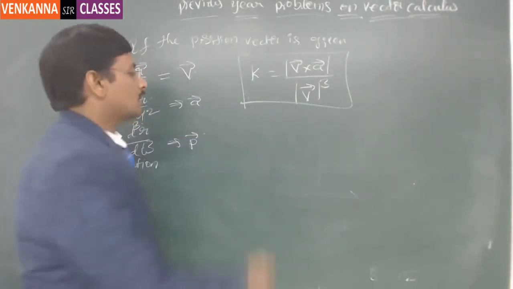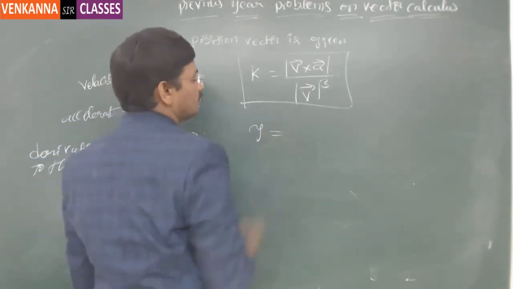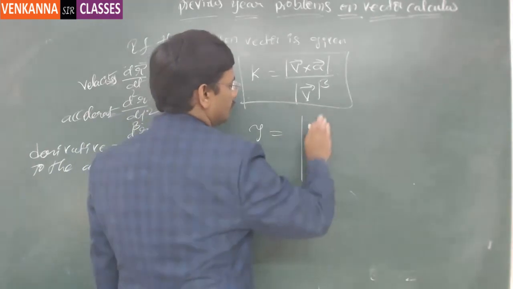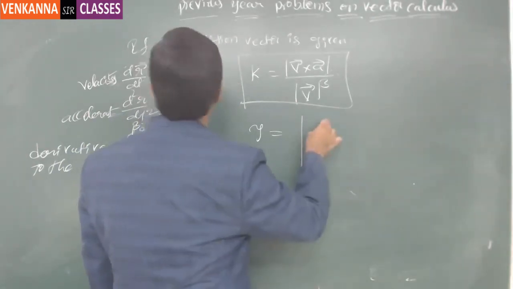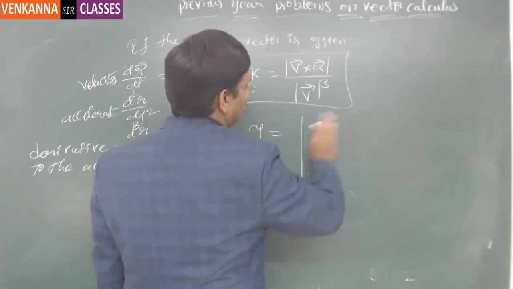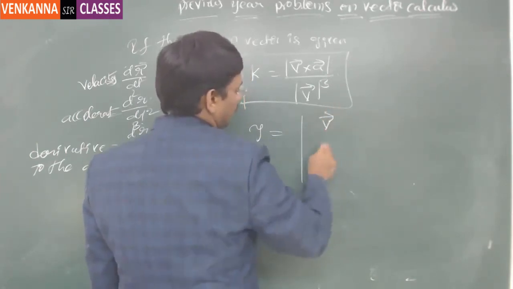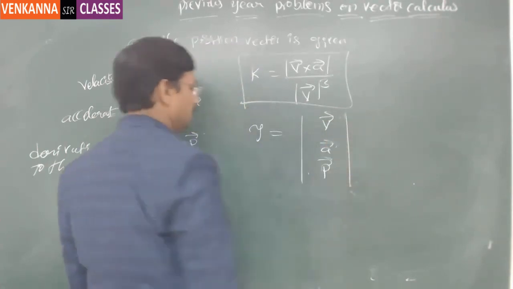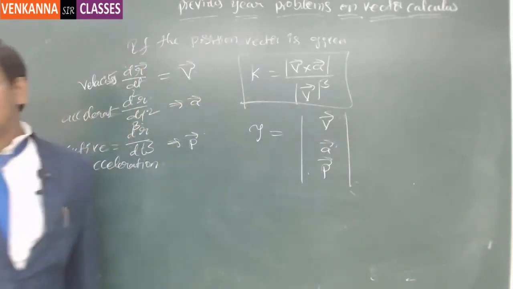Similarly, the torsion value tau you are going to get as follows. This is the velocity vector dr by dt, so this is the v vector, a vector and p vector. Now for this you have to find the determinant of it.